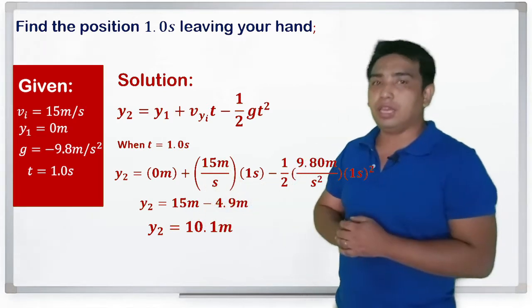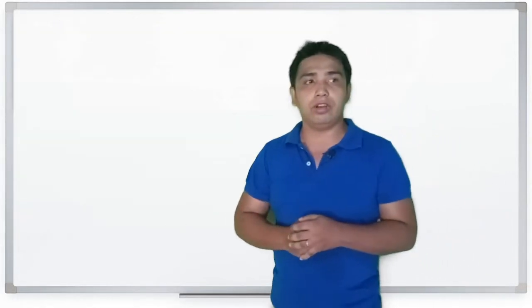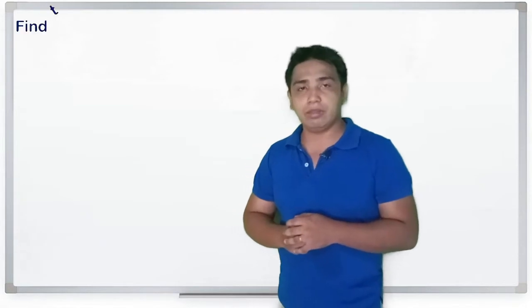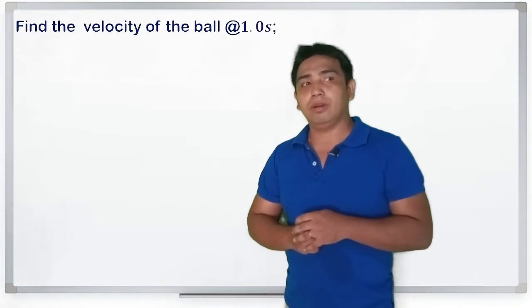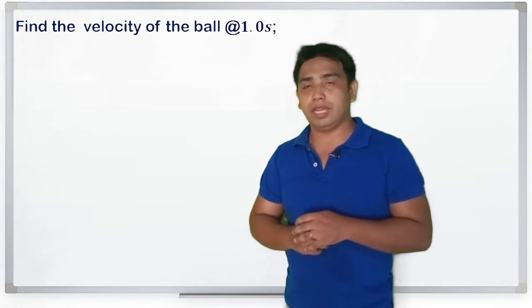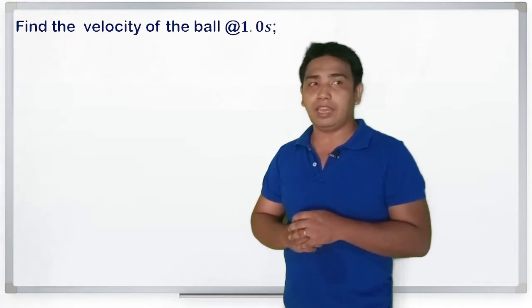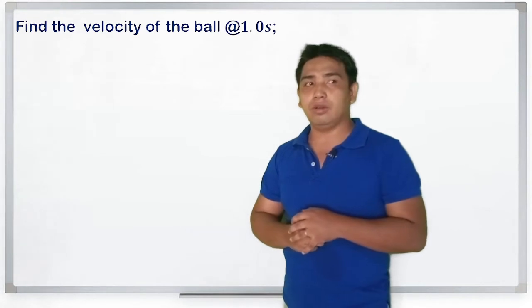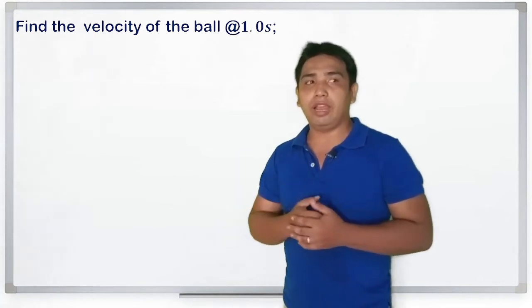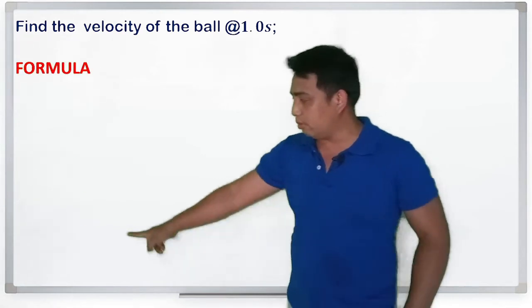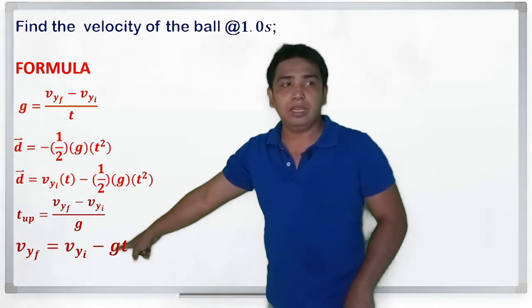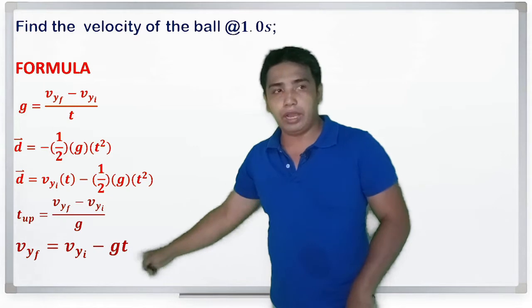Alright, so now is the time to look for the velocity of the ball when the ball is 10.1 meters above the railing, and that is at the time when the ball has left our hand after 1 second. So we can work with the formula down below, which is VYF equals VYI minus g t.